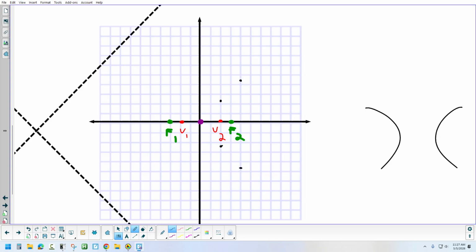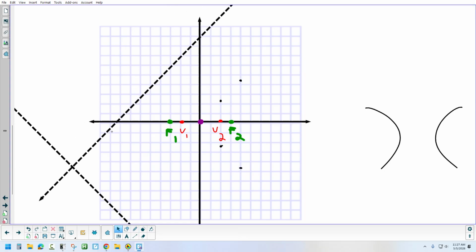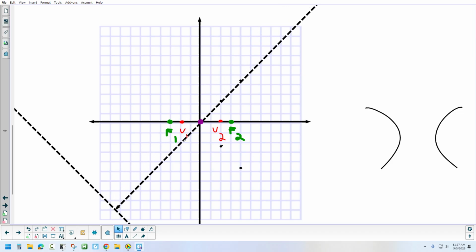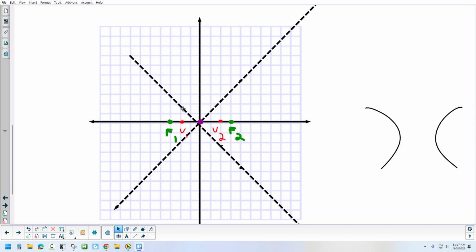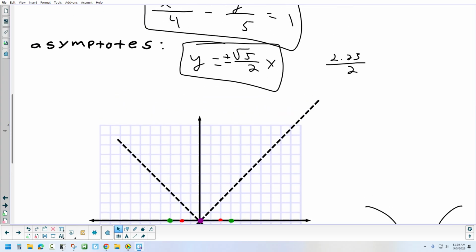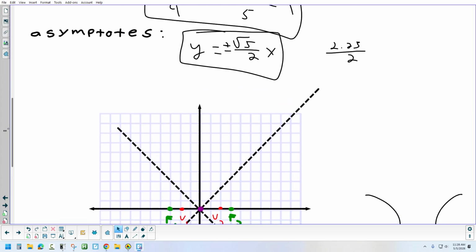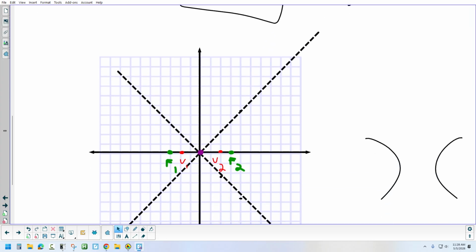So I've already drawn the lines. As long as I did my points right, they should match up. Yeah, pretty close. That one I'm a little off, but there's your asymptotes. And now we're going to draw in the branches. Remember, you're going to go through the vertex. You're not going to go through the focus.